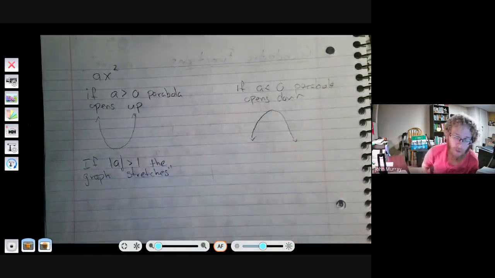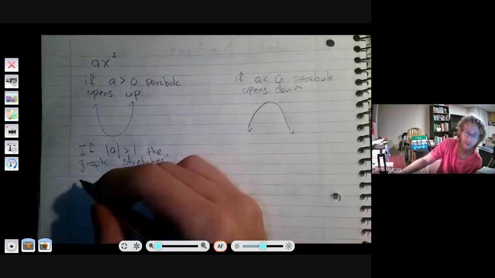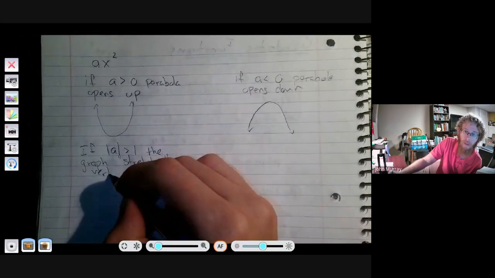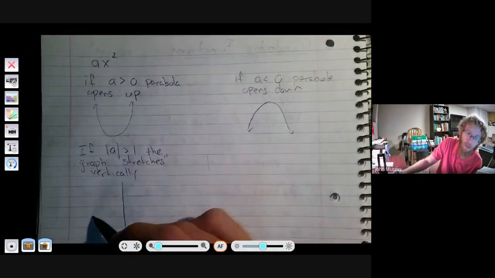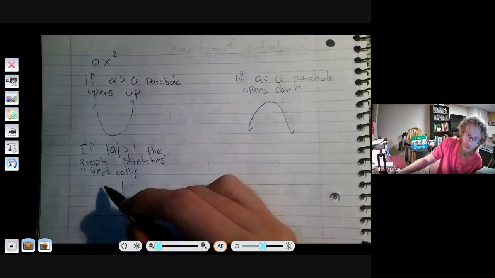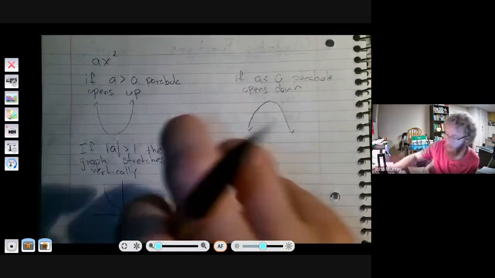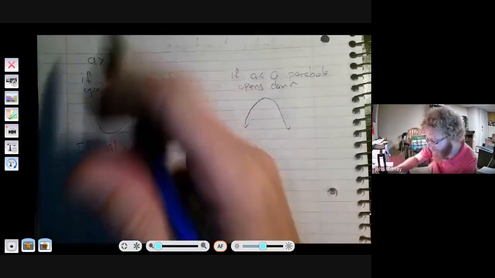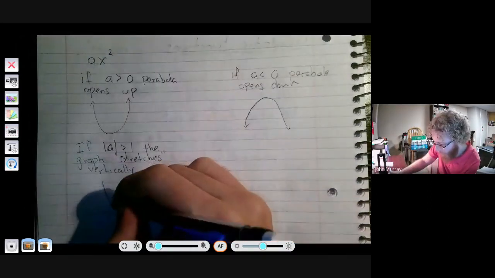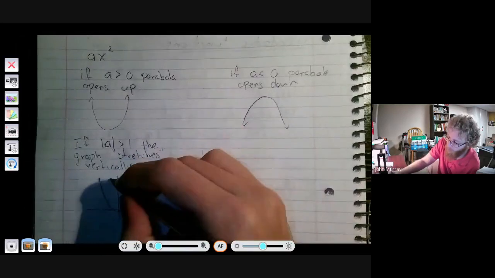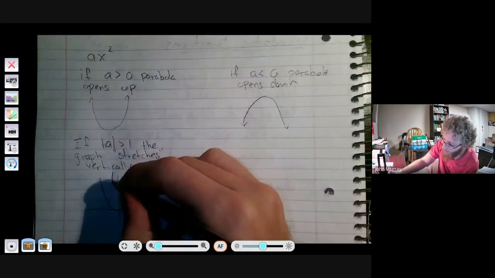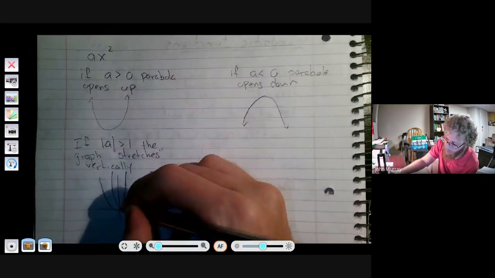We talked about this a little when we were going over the general form of graphs. This is going to stretch the graph vertically. Here, if I had our basic x squared, if I put 3x squared, that would make it skinnier.